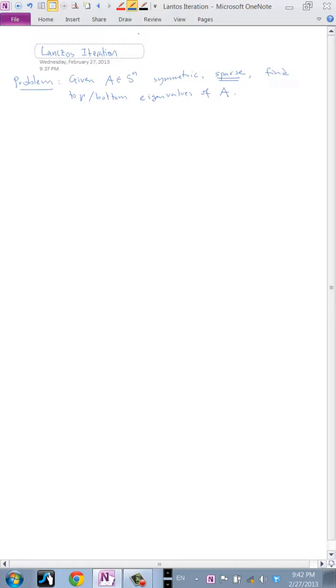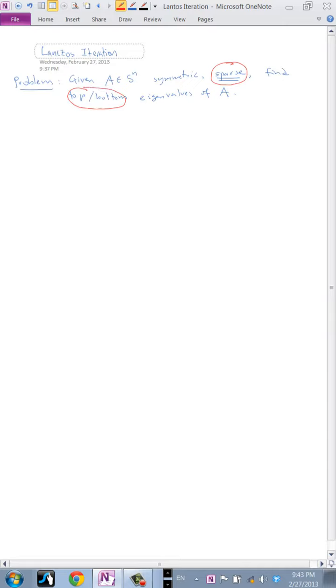So I've rewritten the problem here so we can keep it in mind, and I've emphasized two new elements. The first is on sparsity, and we'll see why that is. So Lanczos, while it works even for non-sparse matrices, works particularly well for sparse matrices. And the second element is that I want to focus on being able to quickly find the top and bottom eigenvalues.